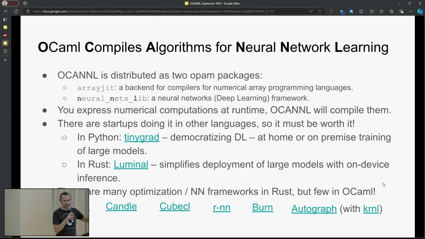In Rust, there is Luminal, which is also a compiled neural networks framework. Luminal is mostly interested in inference on small machines, but they also support training. And in Rust, I counted 6 neural networks frameworks. And in OCaml, I'm aware of OWL, the OCaml Scientific Computing Library, but not of other approaches.